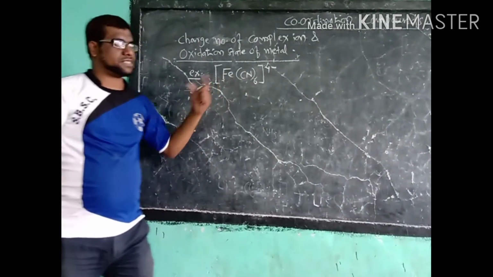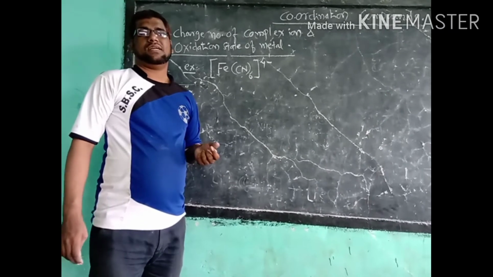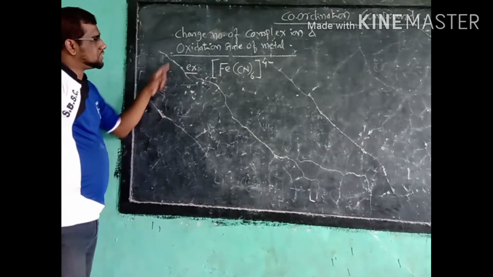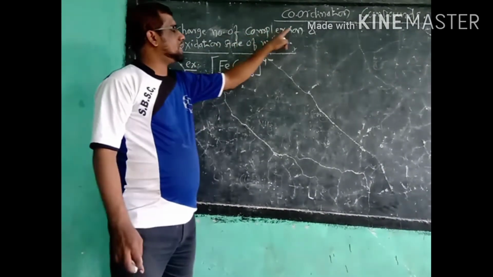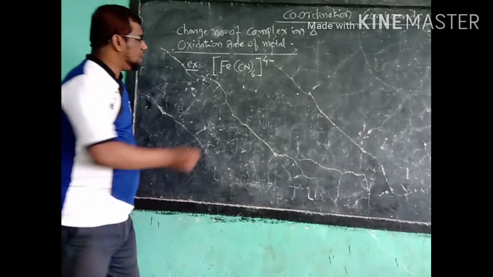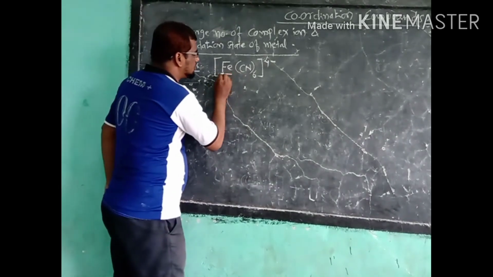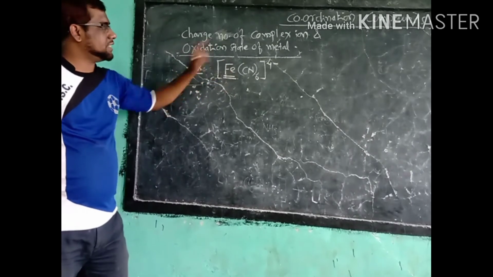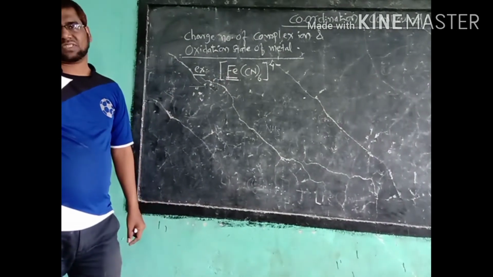We shall discuss the nomenclature in the next video. In this complex, the charge number of the complex ion is -4. Now, what is the oxidation state of Fe, the central metal ion in this complex?